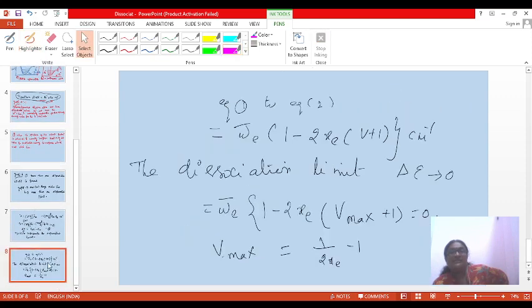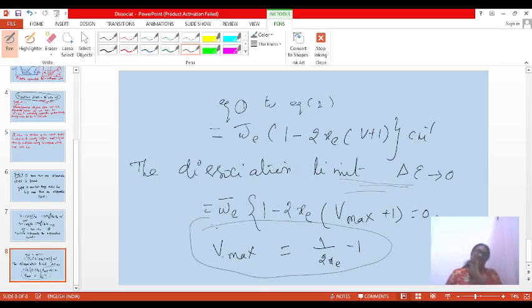What will happen? Omega E, this is the consolidated equation. We calculate the dissociation limit, that is the V max value. Okay, this kind of information gives us the dissociation energy of a diatomic molecule by using Raman spectroscopy.